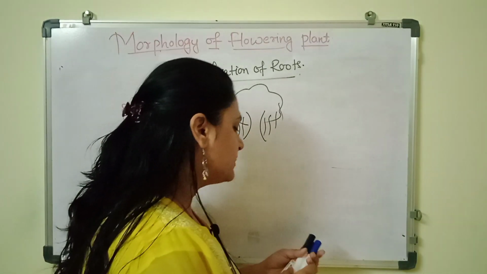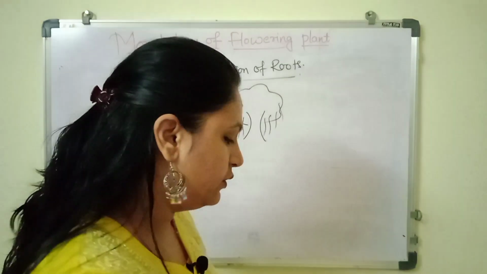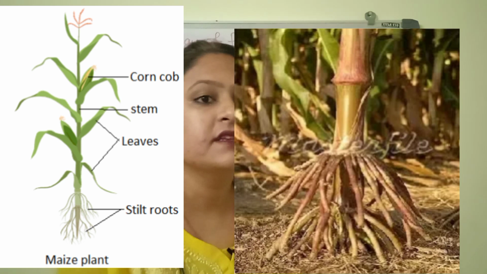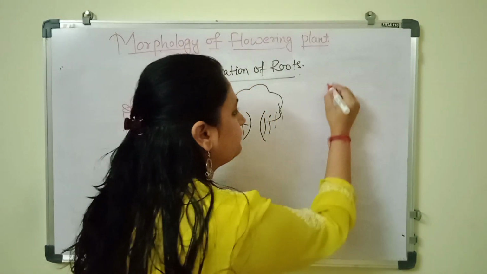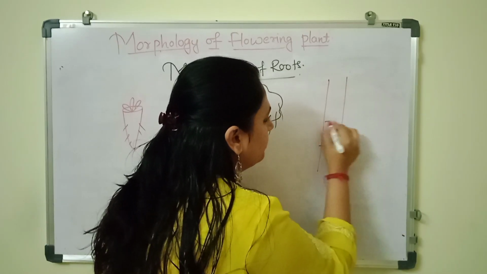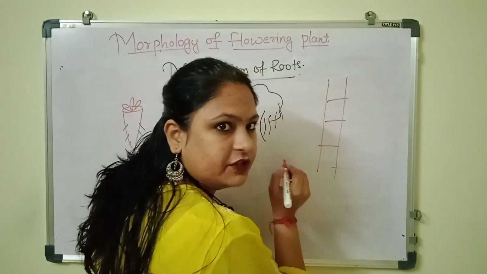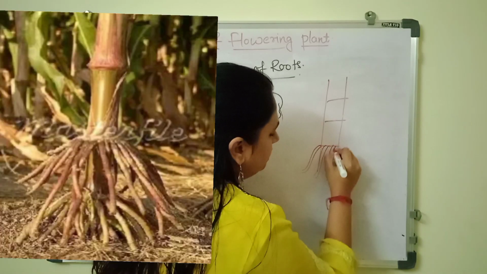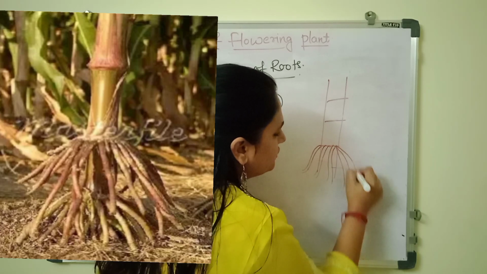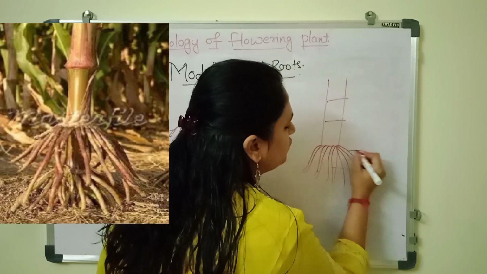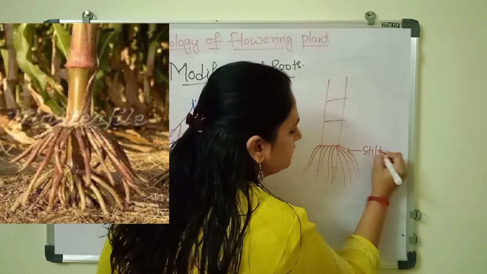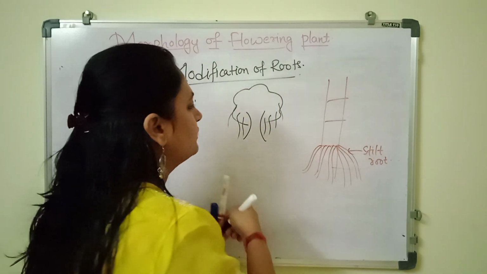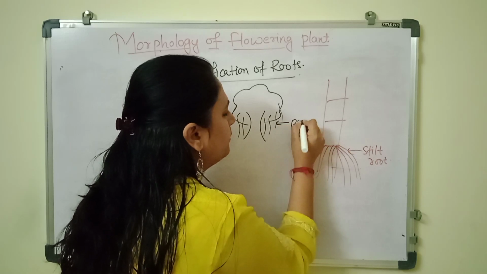Next is the example of stilt root, in sugarcane and maize. Sugarcane and maize show stilt roots. Now what is a stilt root? Suppose this is a sugarcane. From the lower node of the sugarcane, roots arise. These adventitious roots are called stilt roots, also called prop roots.